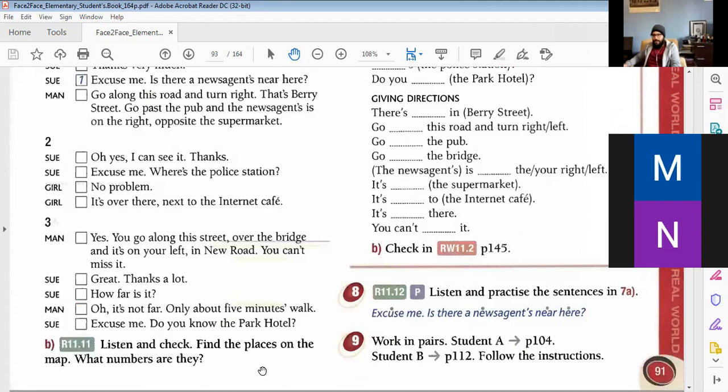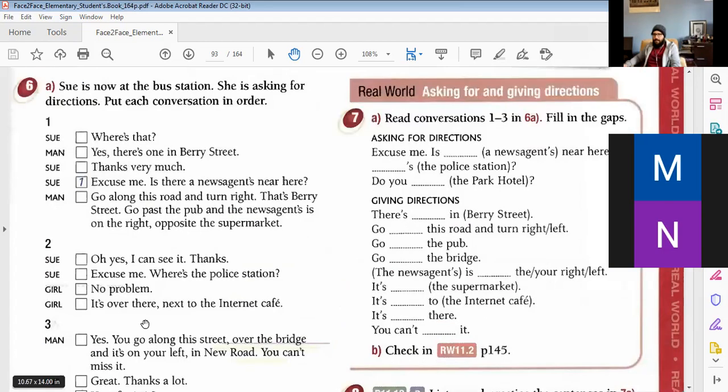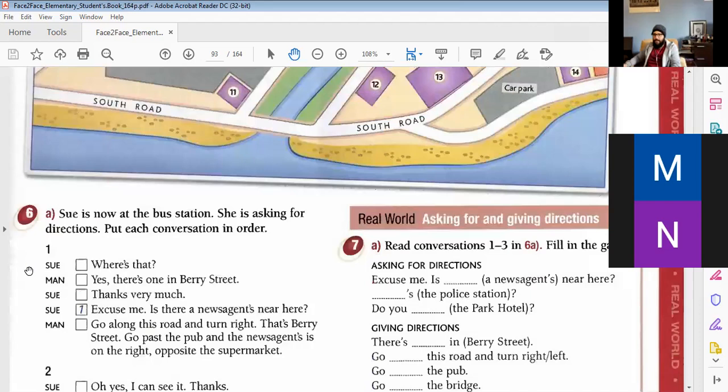Okay, now the second part of the question, it says find the places on the map and what numbers are they? So, for example, the first conversation here between Sue and the man, what's the place they asked about?